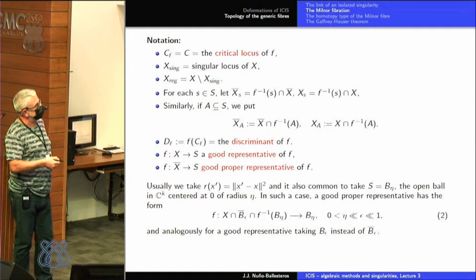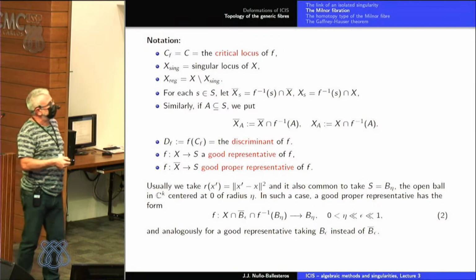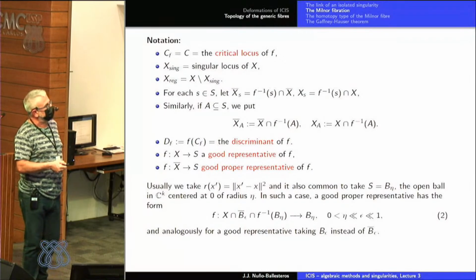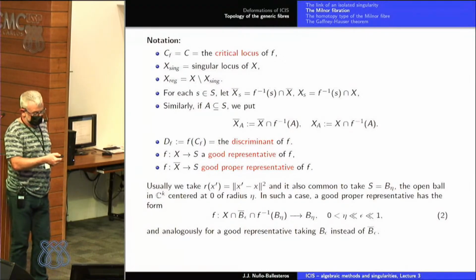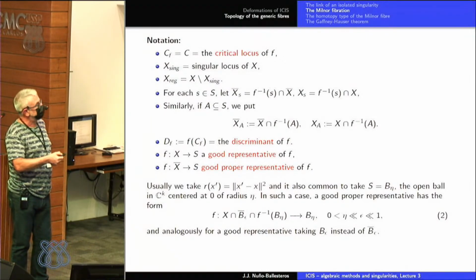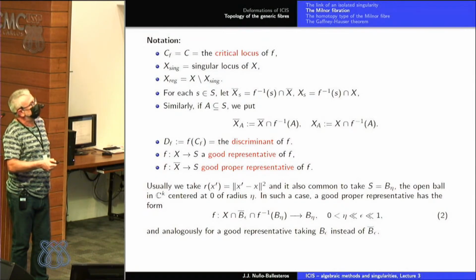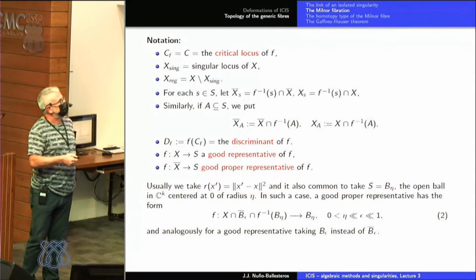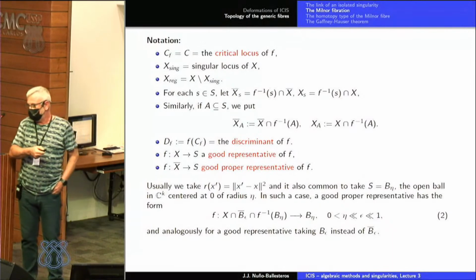This is the restriction of f from the intersection of X with the closed ball and the inverse image of the open ball of radius eta, to the open ball of radius eta, with 0 less than eta, less than epsilon, less than 1, and analogously for a good representative if we take the open ball instead of the closed ball. So this is the standard way that you find this good representative in most of the books about Milnor fibration.